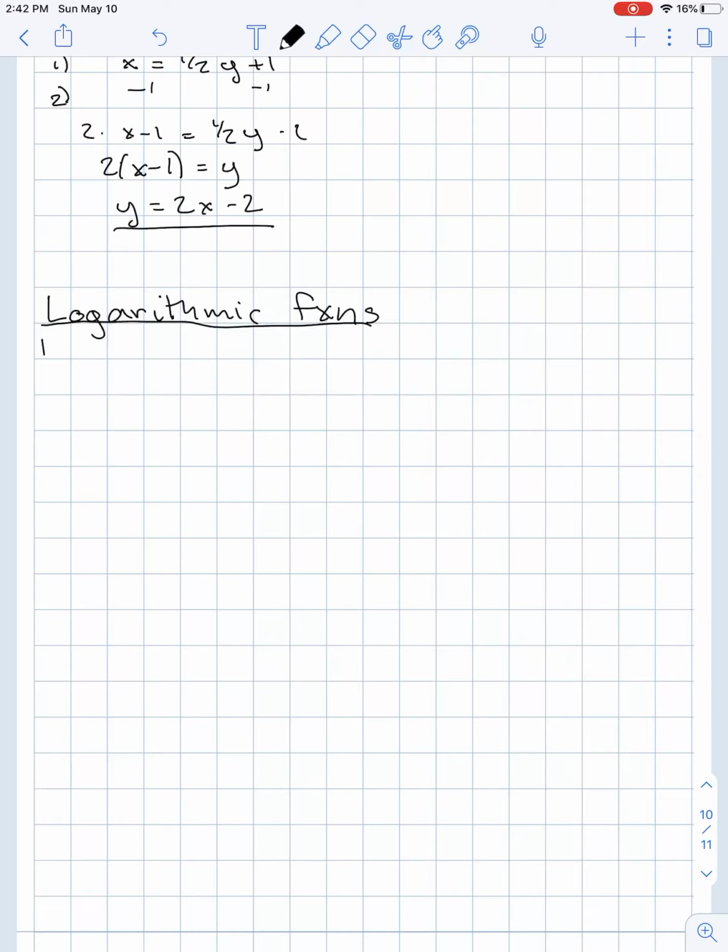Functions. You can also just call them log functions, because that's what I call them.